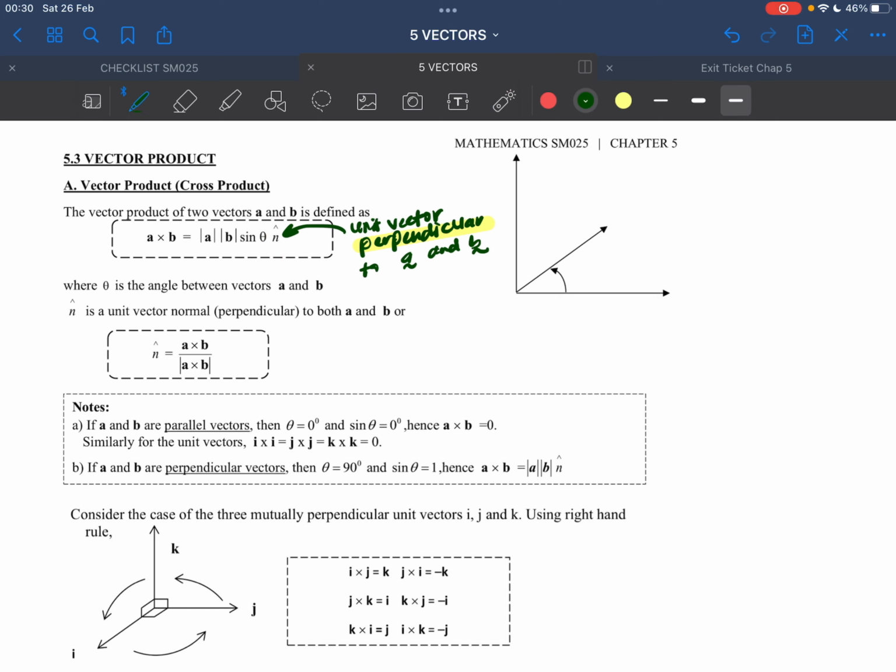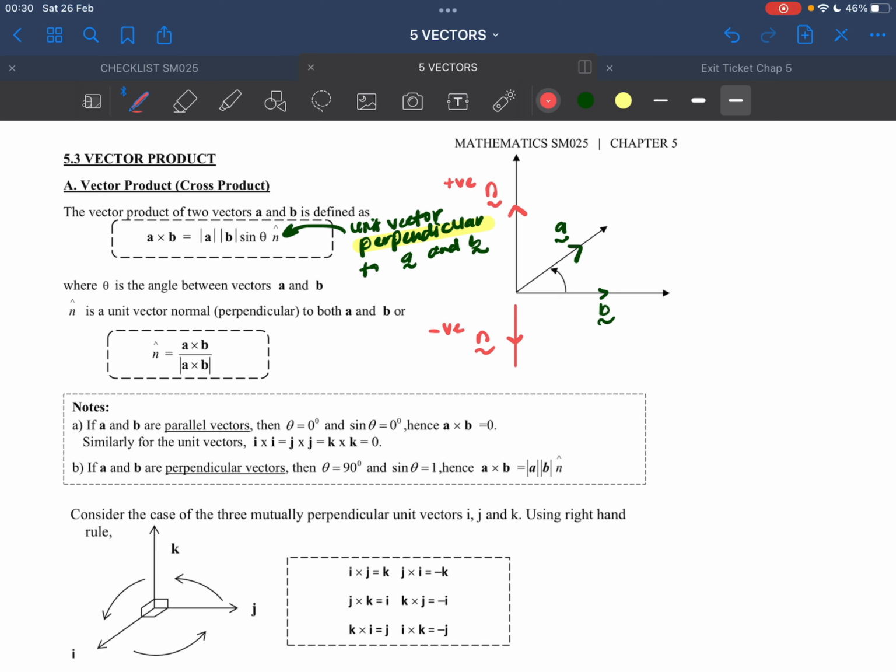As you can see from the diagram, this is the direction of vector A, and this is the direction of vector B. If we cross these using the right hand rule, which I'm not going to explain, you get a normal here, which can be positive or negative.